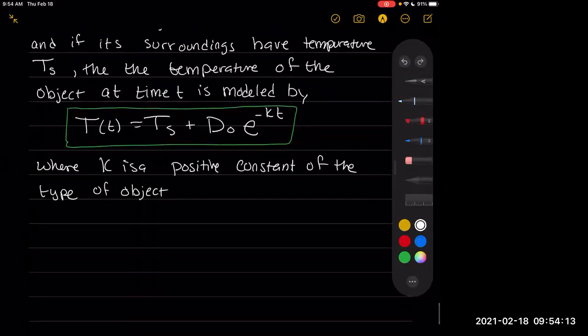So we're going to look at an example, and this is on a cup of coffee.